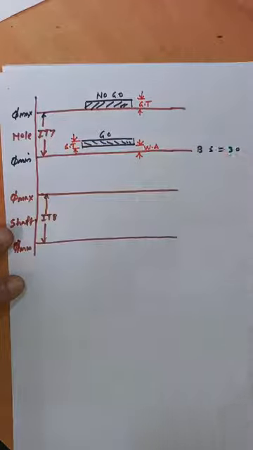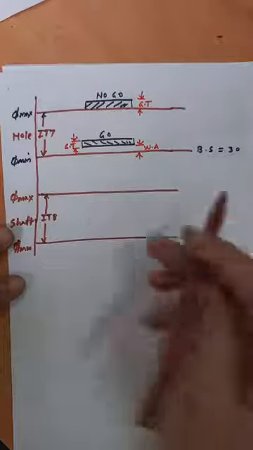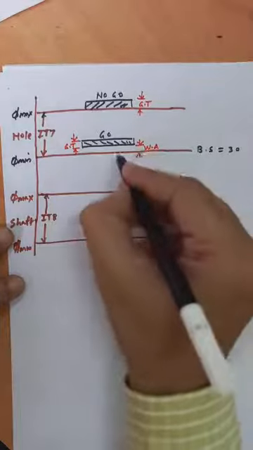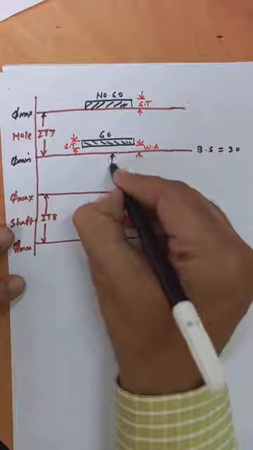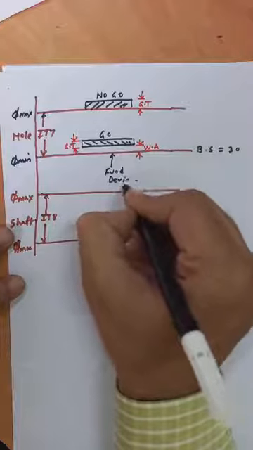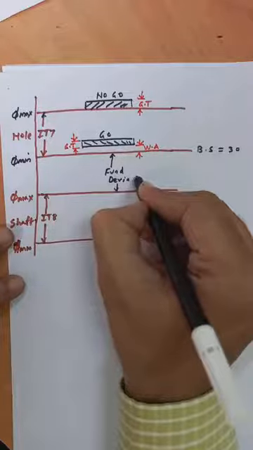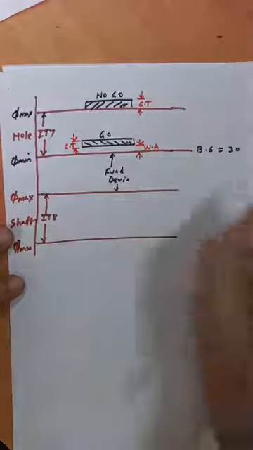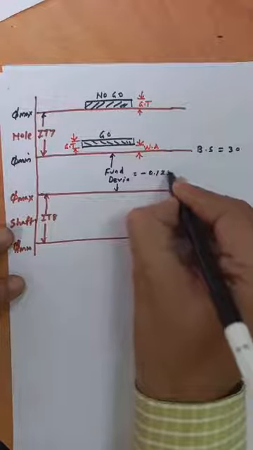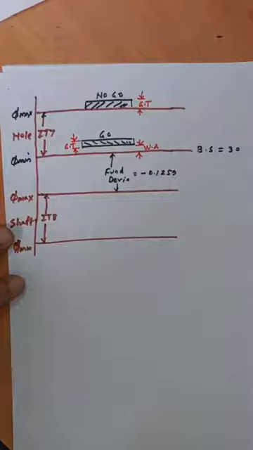Similarly, this is the fundamental deviation for the shaft, that is minus 0.1259 mm.